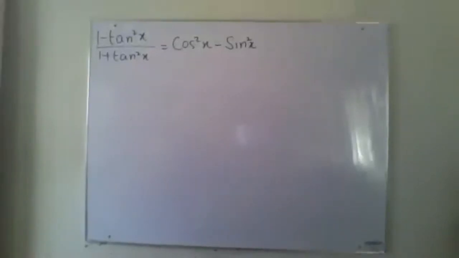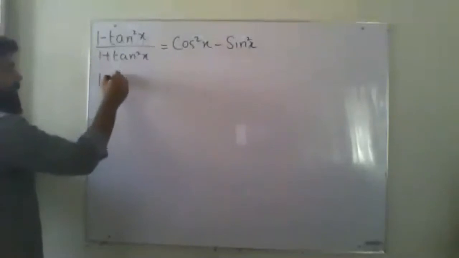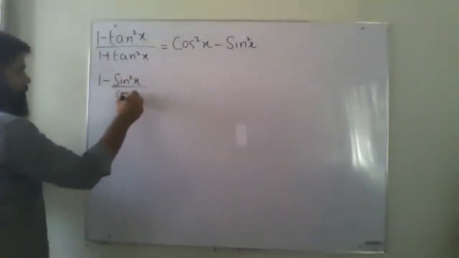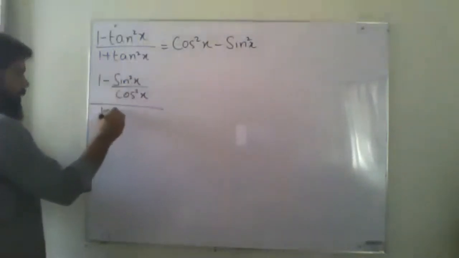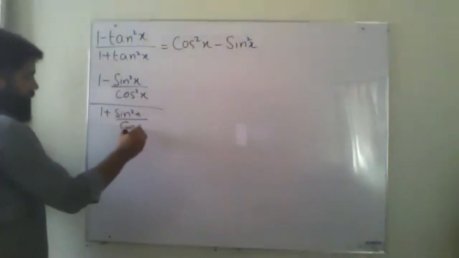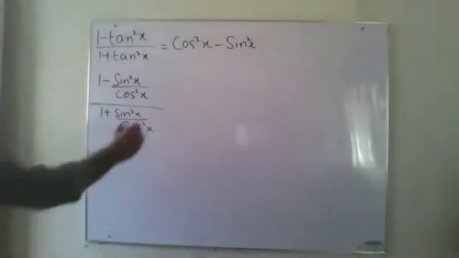Now what we can do over here is, first of all, write this as sine square x over cos square x upon 1 plus sine square x over cos square x. Okay, this is my first step. After that, I'm taking LCM.